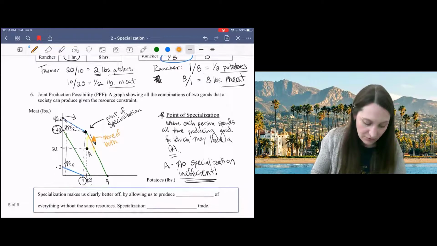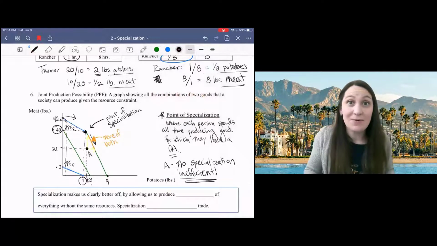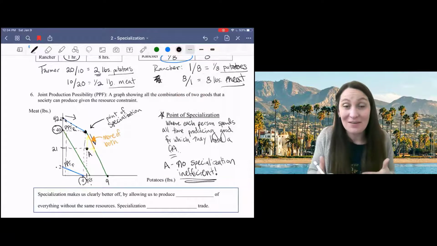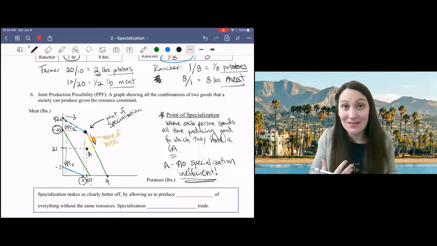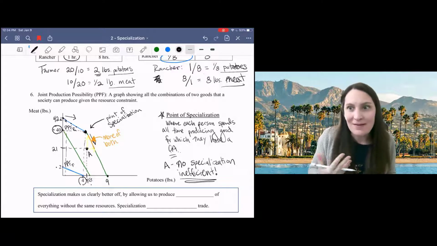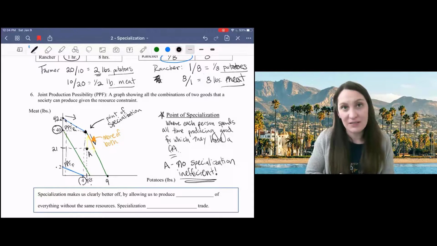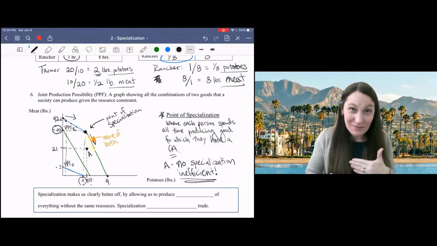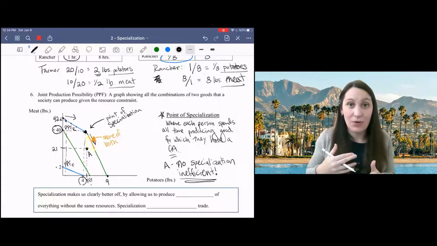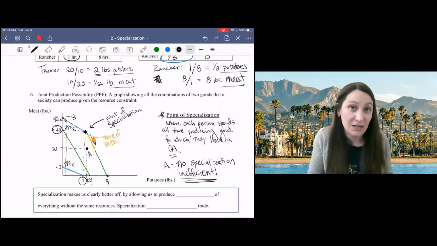This is a powerful finding because remember, this doesn't even take into account the fact that you have different skills than I do. You're better at things than I am, and I'm better at some things than you. So we can benefit from specialization in that way as well. We can also benefit from specialization in that the more I practice something, the better I get at it, right? So there are other benefits to specialization outside of this kind of comparative advantage explanation.